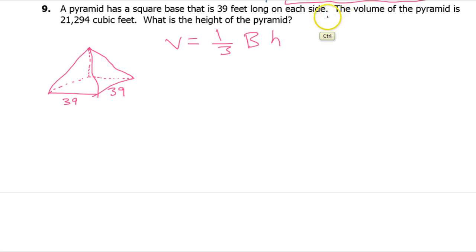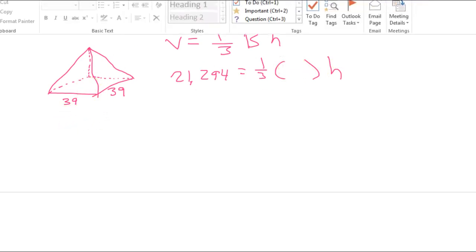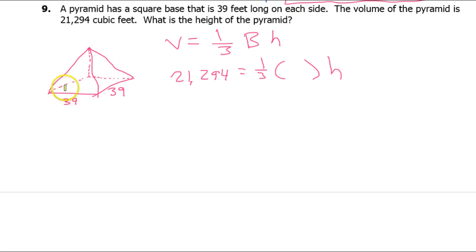So let's put in what we know. We know the volume, so we know that 21,294 is equal to 1/3. Okay, next comes the area of the base. Well, the area of the base is this square right here. Okay, this is the base right here.